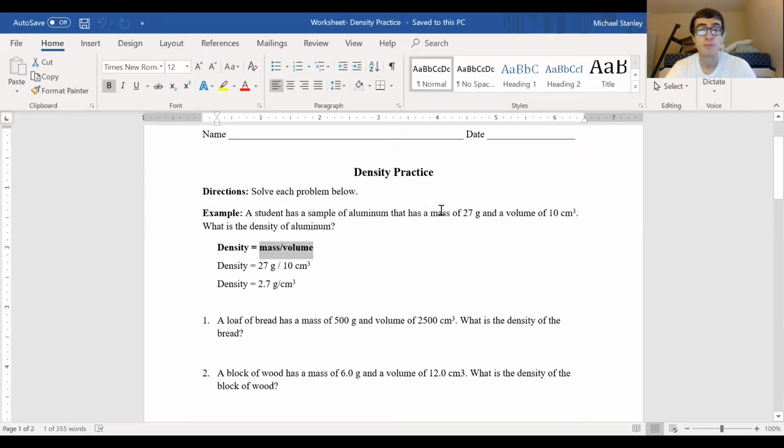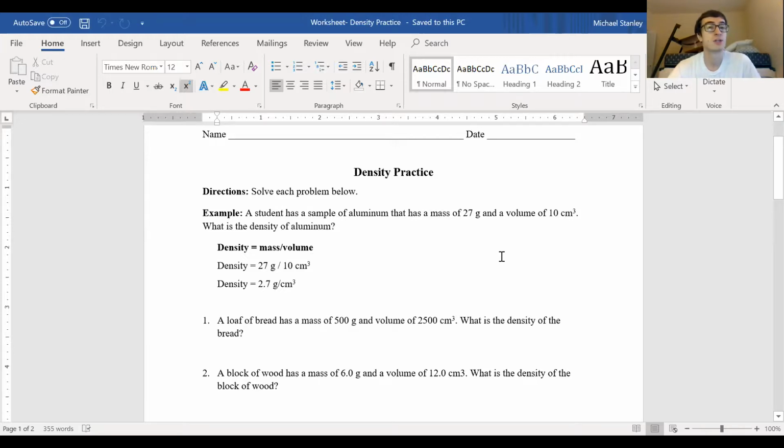And so our mass was 27 grams and our volume was 10 centimeters cubed. So we do 27 divided by 10, and we get that the density of aluminum is 2.7 grams per centimeter cubed.